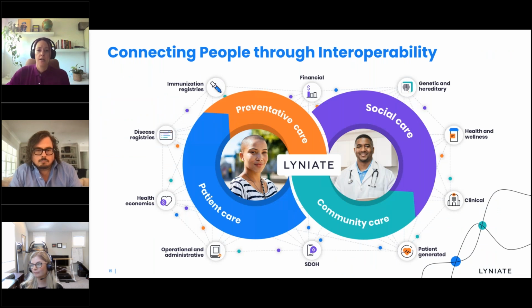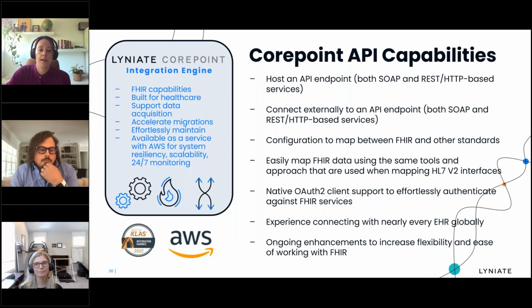So to start, we wanted to first take a look at specifically what CorePoint and Rhapsody do in working with APIs and how our customers are using the API capabilities within the integration engines. Would you like to give a quick overview, Caitlin?